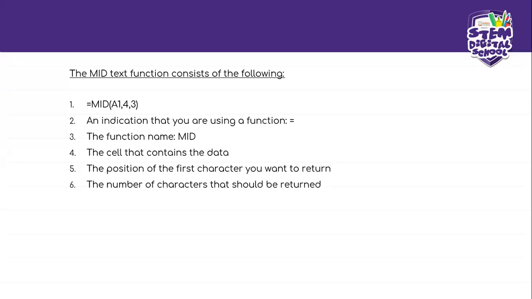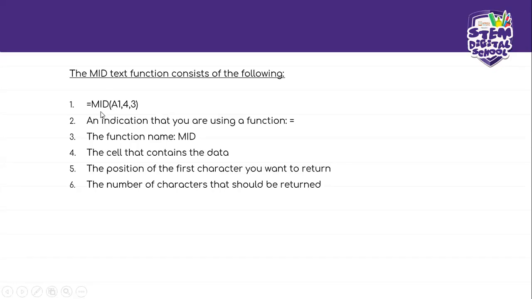After MID, then comes the cell that contains the data. Then the position of the first character you want to return, and the number of characters that should be returned. So equals MID A1, this is the cell that contains the data.